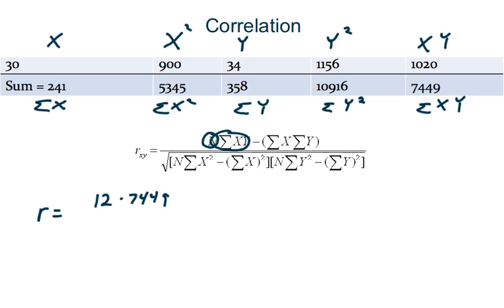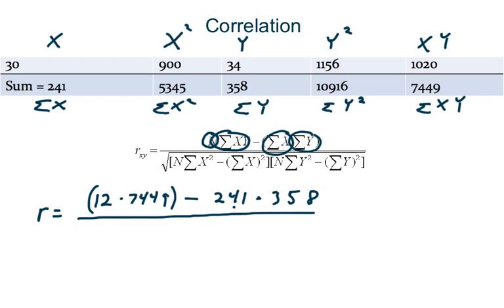And then we subtract the sum of x, which was 241, times the sum of y, which was 358. So that takes care of our numerator. We're going to multiply 12 times 7,449. We're going to multiply 241 times 358. And then we're going to do the subtraction there.